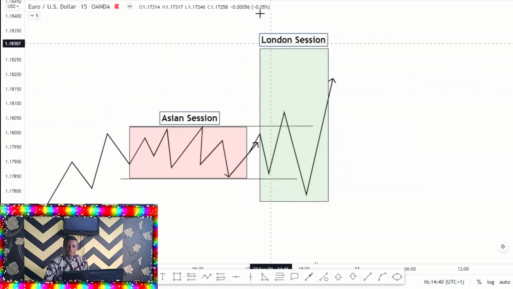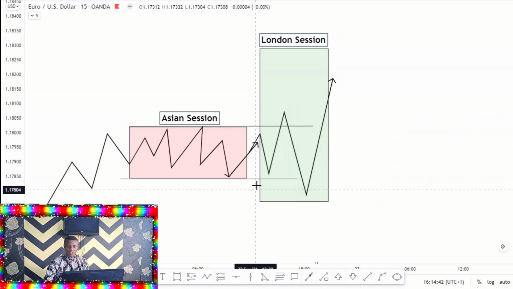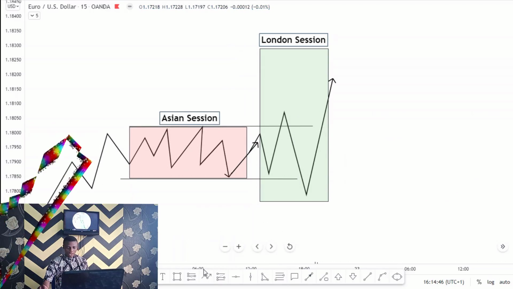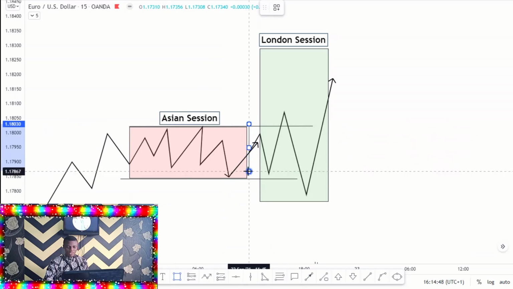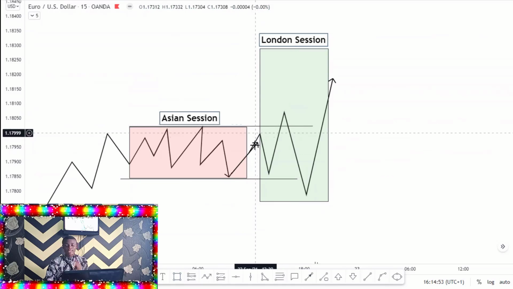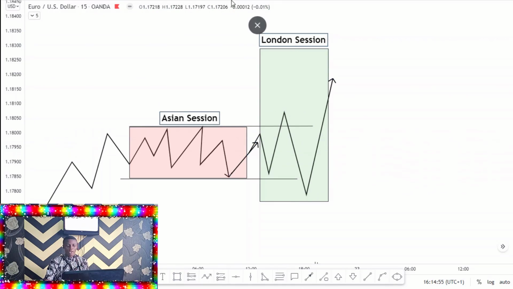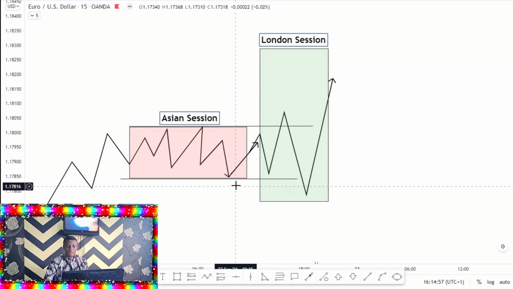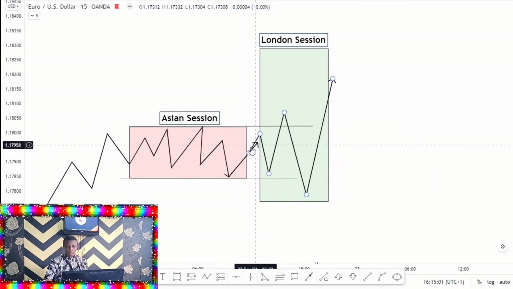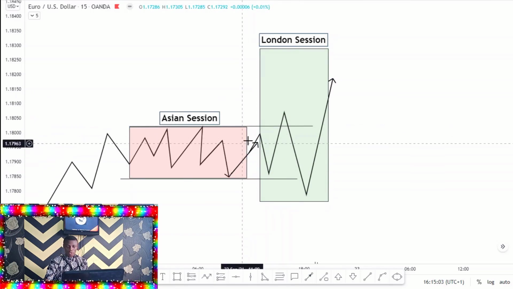Okay, so remember that before this London session opened, something also happened within this area here. We're going to assume that this is the pre-London session open. What actually happened there is that they enticed us to take a buy.